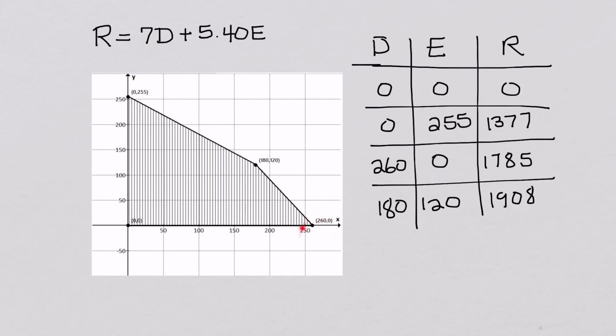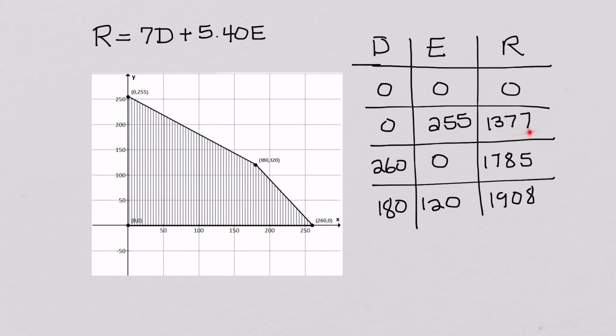Then I'll skip over to 260, 0: 260 pounds of deluxe mix and no economy mix at all. And how much do we make? $1,785.